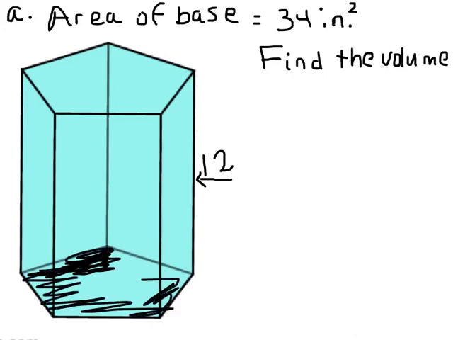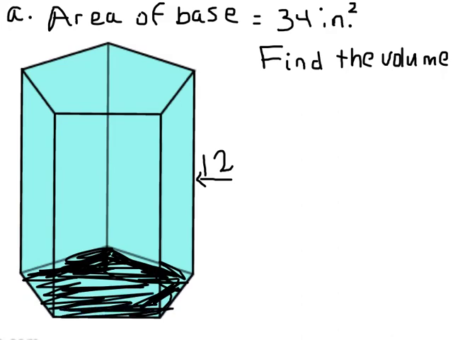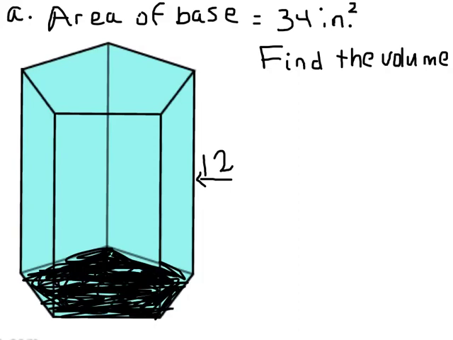To find volume, which is how much it will hold of something, like how much water it would hold, we say area of the base times its height. So if the height here of one of the edges is 12, we're simply going to say 34 times 12 to find the volume.